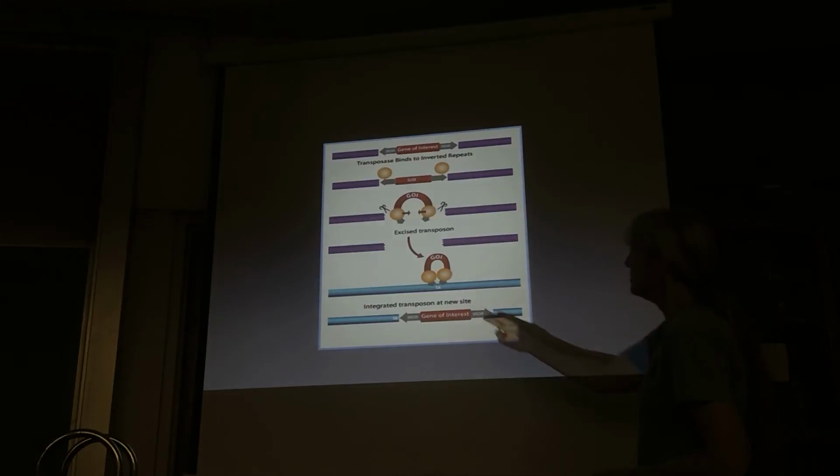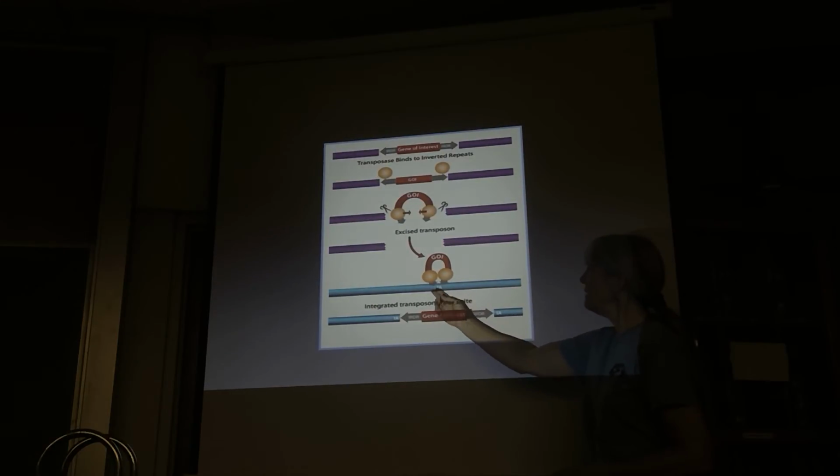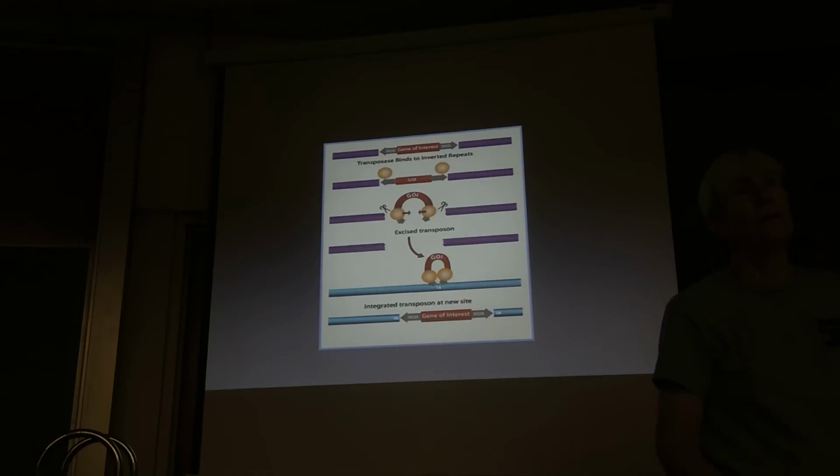If it's going to move to a new location, then it has to go to wherever it's going to go, and again, the cut occurs, and this thing gets incorporated. Sometimes they get incorporated, sometimes they don't. So you can imagine that transposons could be responsible for rather large losses or deletions of segments of DNA. And if they do get into a new place, that's a rather large addition.